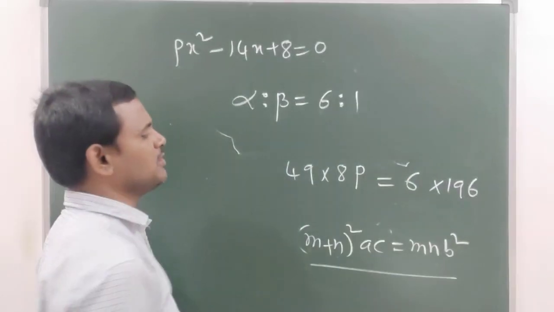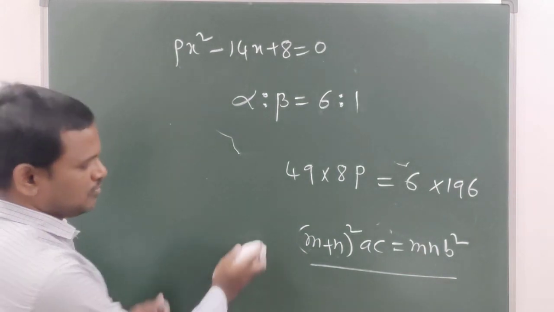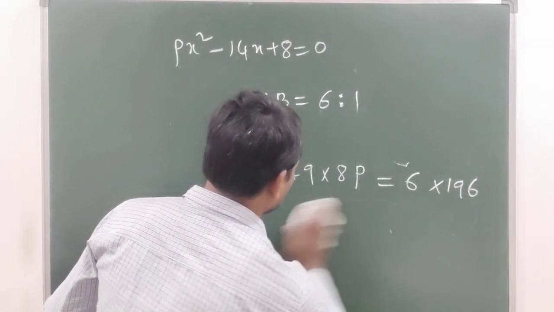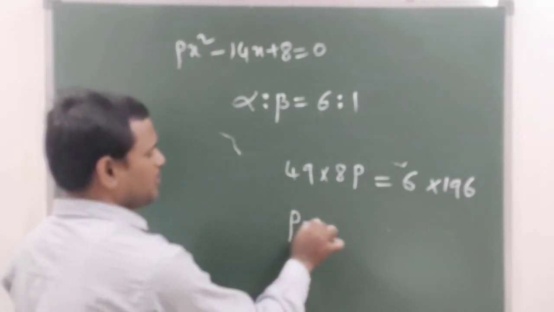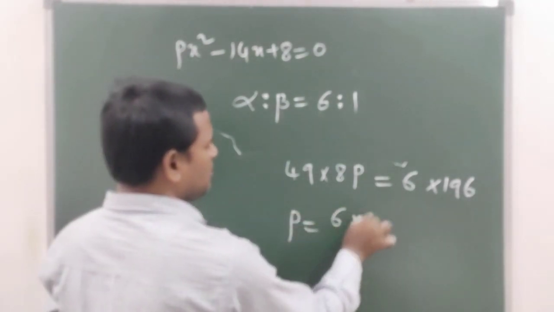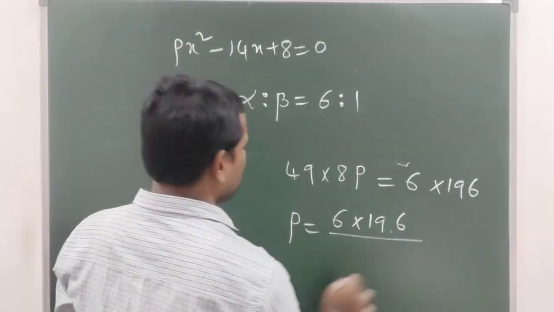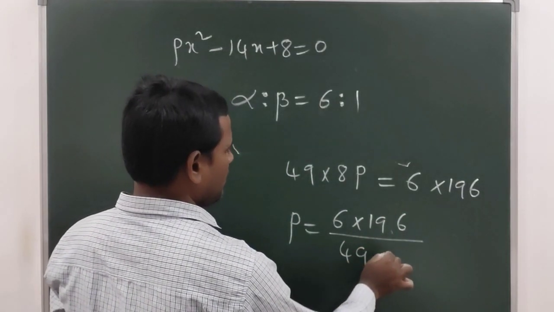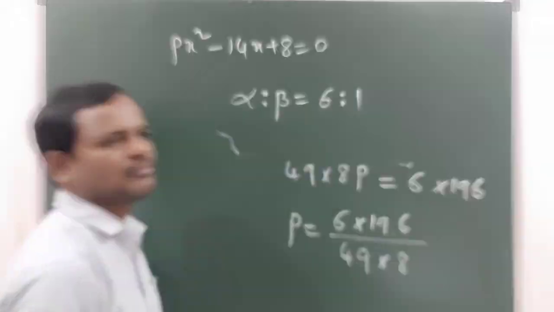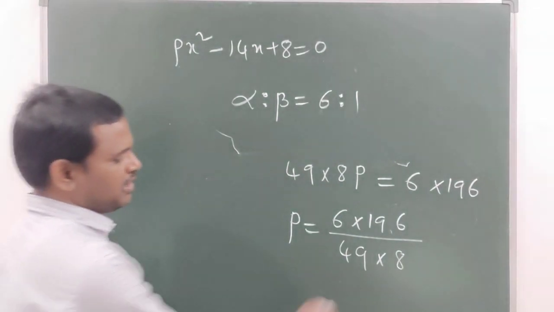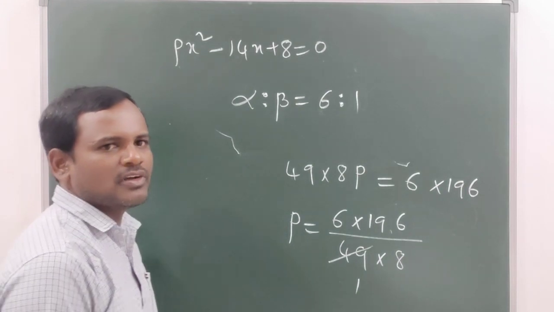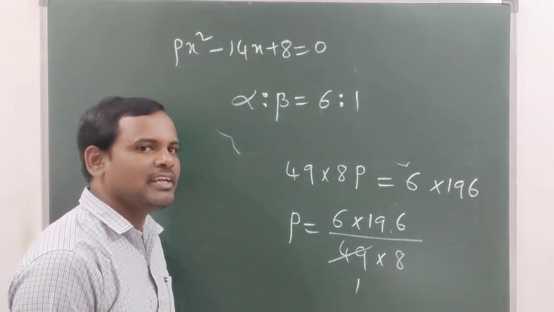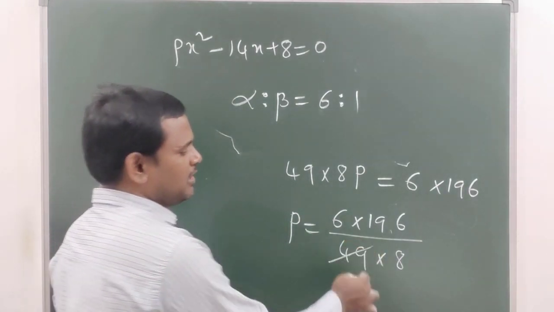Now simplify that. Okay, so how much do we get p? P is equal to 6 into 196 by 49 into 8. So 49 ones are 49, 49 twos are 98, 98 twos are 196.